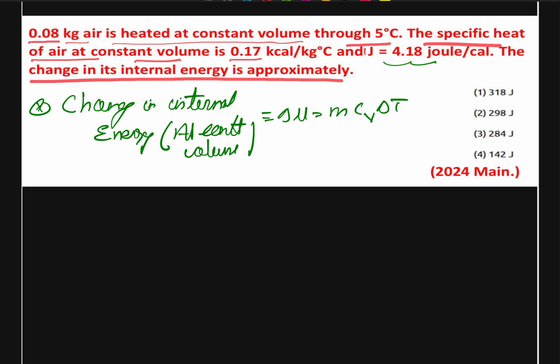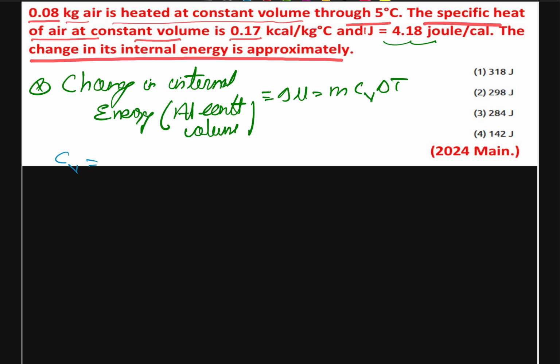Therefore we can write that our C of V was given to us 0.77 and multiply by 4.18, and this is kilocalorie, so we multiply by 10 to the power 3, which will be coming as 710.6. Now we can just substitute it.